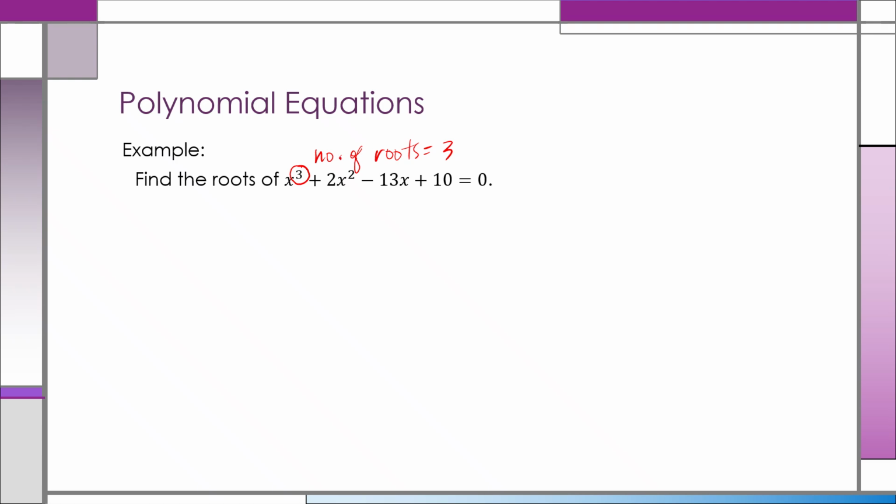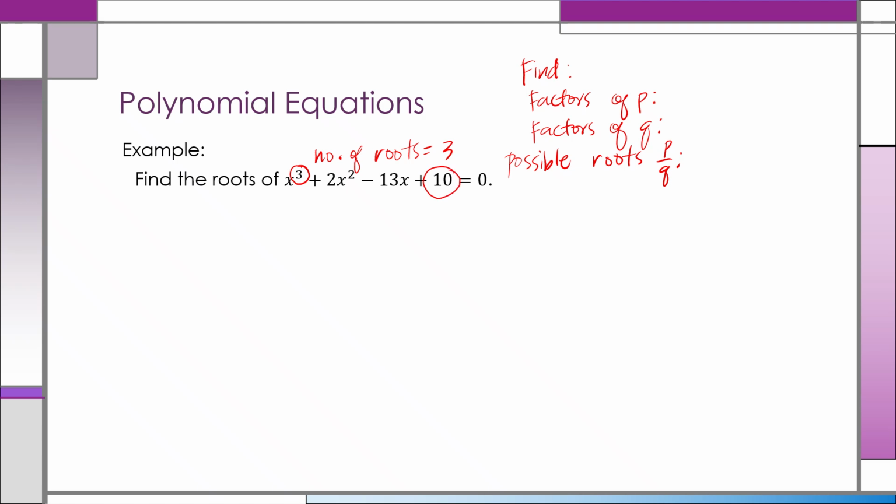Now, second step here is to find the following. We have the factors of P, we have factors of Q, and of course, the possible roots of P over Q. The factors of P will be focusing only on the constant.